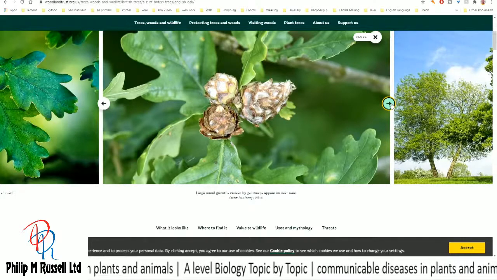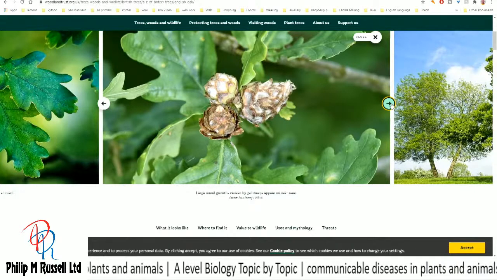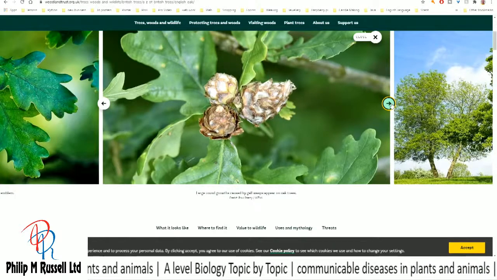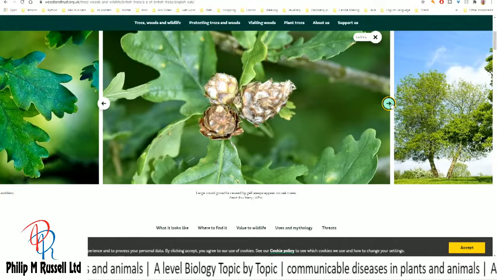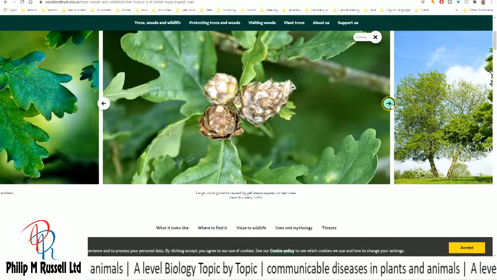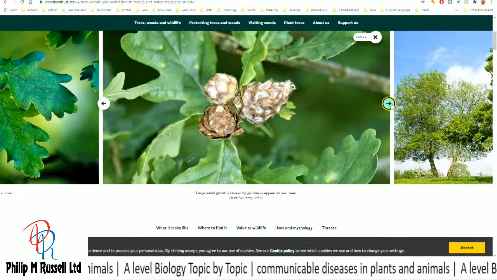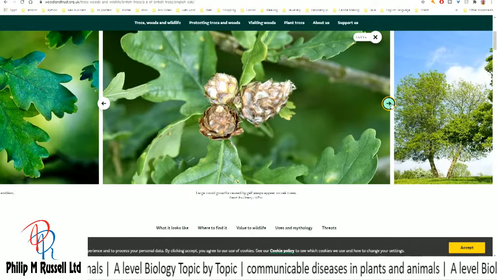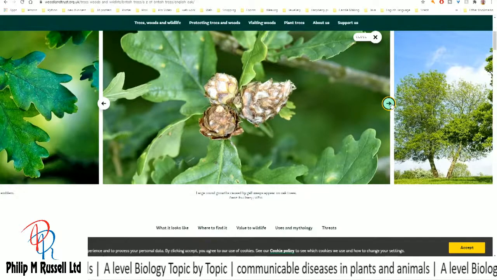Sometimes we get particular things on the leaves. We can see that they've got particular marks. Here, this is also gall wasps appearing on oak trees.